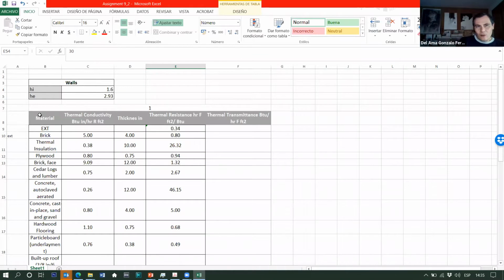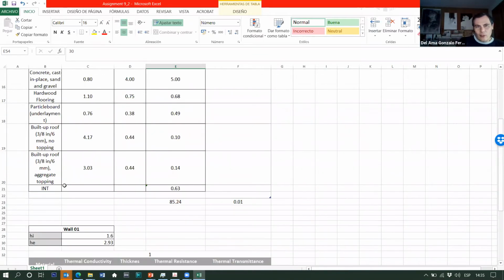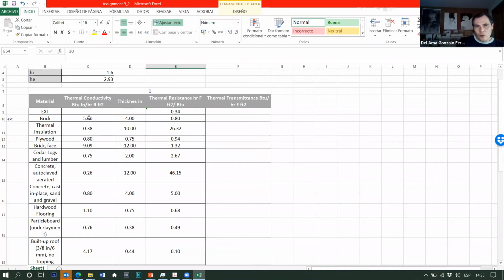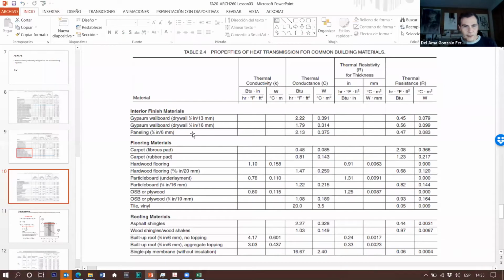So the first assignment was this one. You had different materials. You had to work with the thermal conductivity, the thickness, and then calculate the thermal resistance. But I want you to become familiar with this table because for some materials, we don't have thermal conductivity. You have to type directly the thermal resistance.